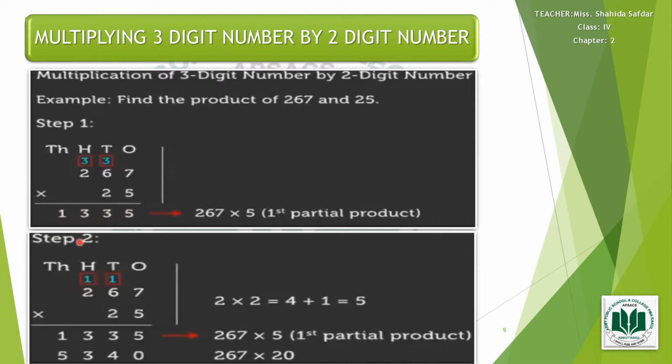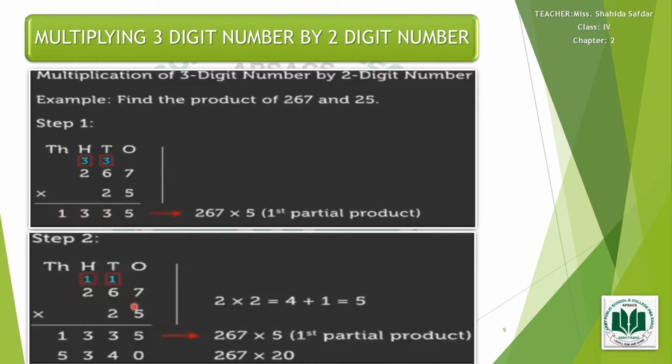In step 2 we multiply 267 by the digit which is at tens place of the multiplier. Here the digit is 2, so we have to multiply 267 by 20. So we put 0 under the 5 of the ones place. Next, 2 multiplied by 7 equals 14.